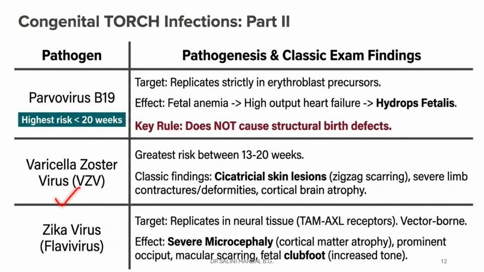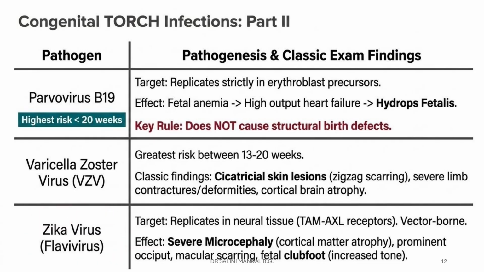Varicella zoster virus, greatest risk is between 13 to 20 weeks. There is going to be cicatricial skin lesions, that is zigzag scarring, severe limb contractures and deformities, and cortical brain atrophy. Then we have Zika virus, that is what we call a flavivirus.